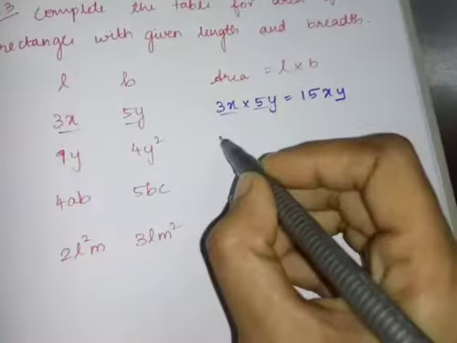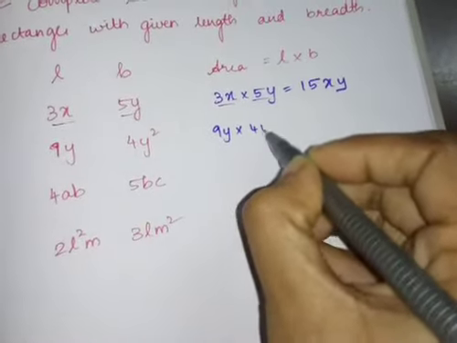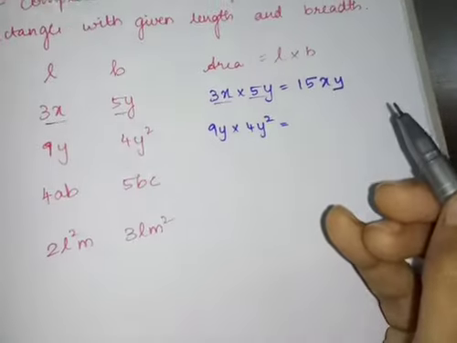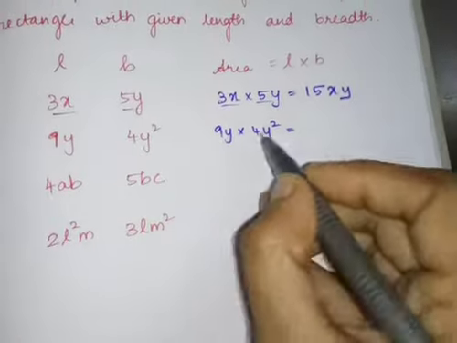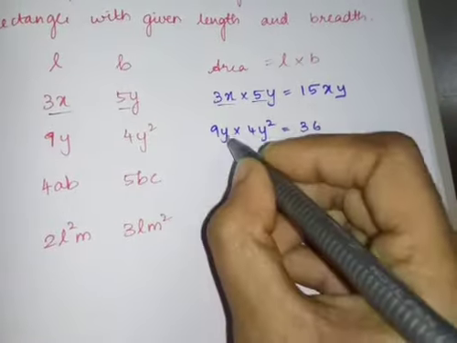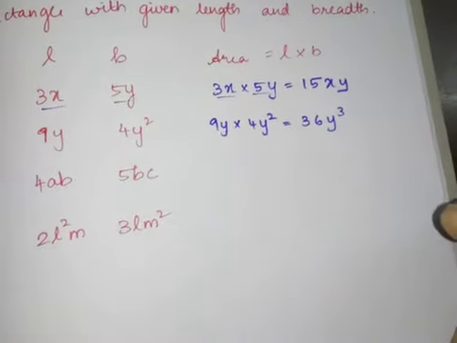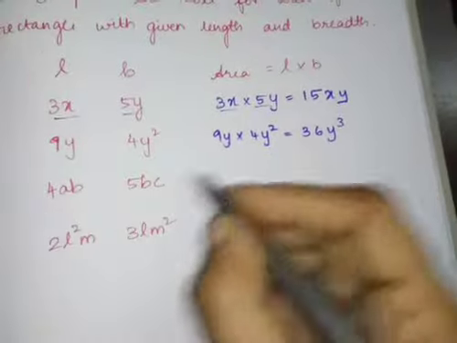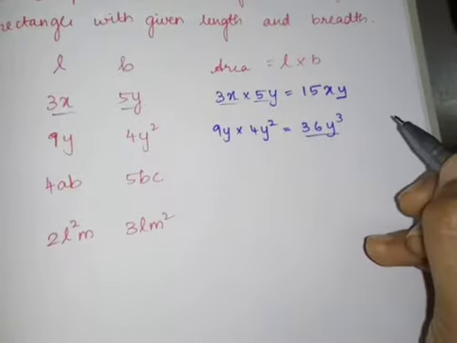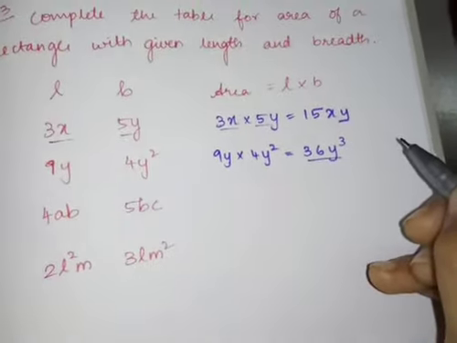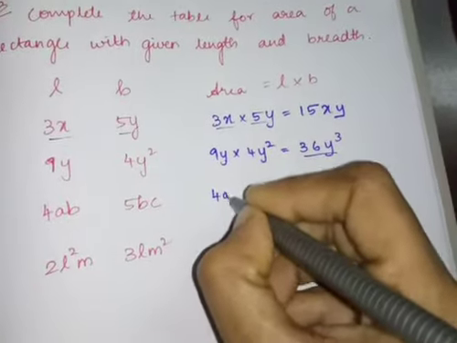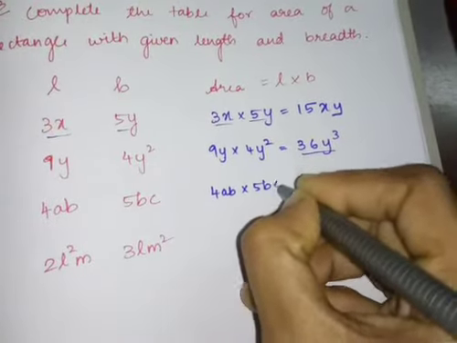Next, 9y into 4y square. Now 9 4s are 36. Y into y square, y cube. Is it correct? So 36y cube is the area of the rectangle. Next, 4ab into 5bc.